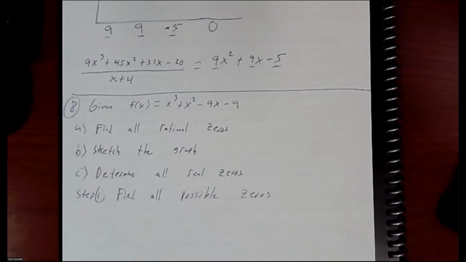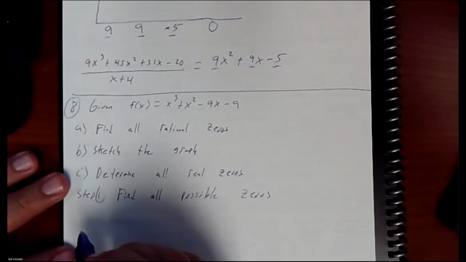Pretty sure it's gonna be Q over P. Yeah, P is the constant term, Q is the leading coefficient.